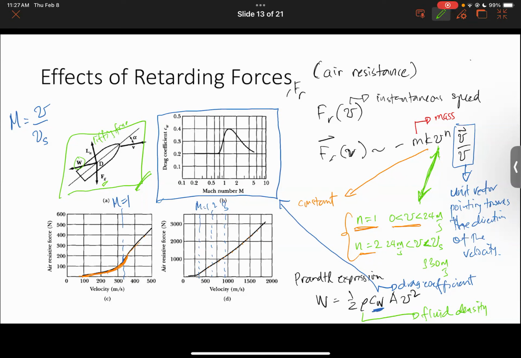Okay? And then yung direction of the velocity follows yung direction ng air resistance. So it's opposite the direction of air resistance. So hindi siya necessarily dito sa line of symmetry. Ito yung line of symmetry ng object.